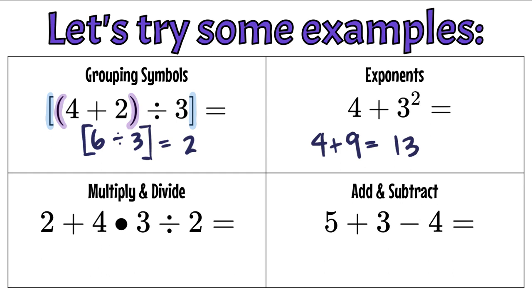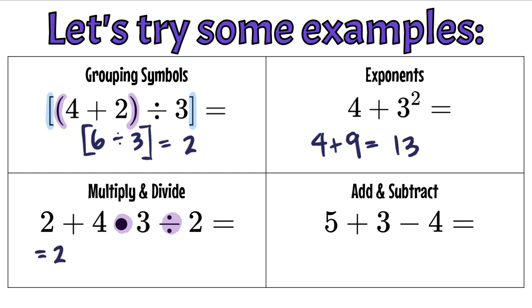In the next example, we have 2 plus 4 times 3 divided by 2. Notice that we cannot move left to right because we need to do this multiplication first and this division before we do the addition. So we're going to go ahead and take care of the multiplication first since it comes first. When we do this, we want to rewrite anything that we're not simplifying.